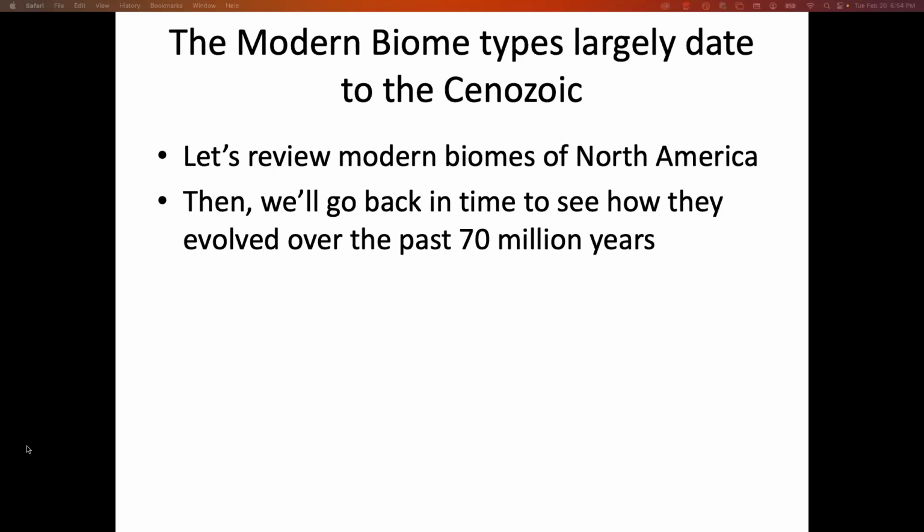All right, so that's the second thing I want you to think of. Most of the major groups of organisms either were evolving or already recognizable by the end of the Cretaceous. One more thing. For most ecosystem types, let's actually back it out. Let's call them biome types. For most biome types, they were also in existence by the end of the Cretaceous. What do I mean by that? Tropical rainforest was in existence.